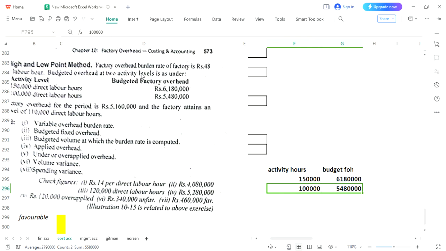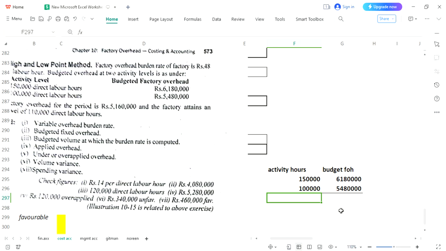I'm repeating the question. This is your variable cost by nature. Why? Because you are decreasing your hours, and your cost is also decreasing. So when cost changes, it is variable cost. If you derive any rate from here, what rate would that be? Hopefully someone will give the correct answer. It would be the variable FH rate.